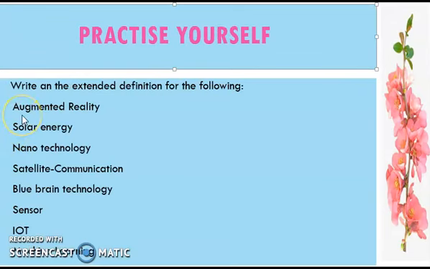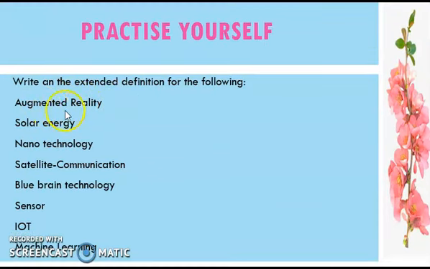Let's have a look at this exercise. Augmented reality, solar energy, nanotechnology, satellite communication, blue brain technology, sensor, IoT, and machine learning. Having these topics as an example, you can work on the relevant thread under each title.